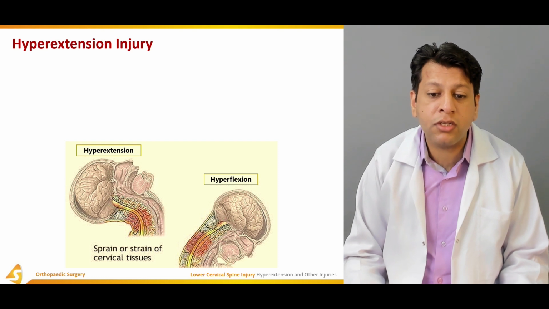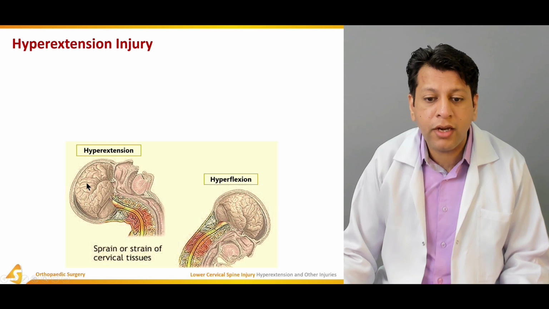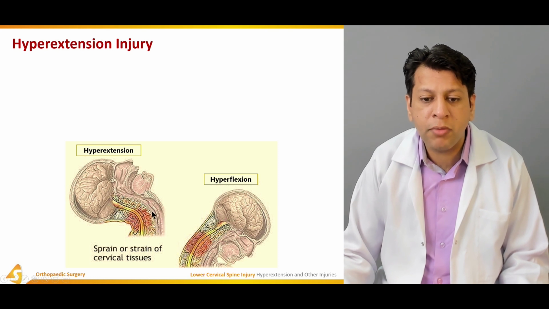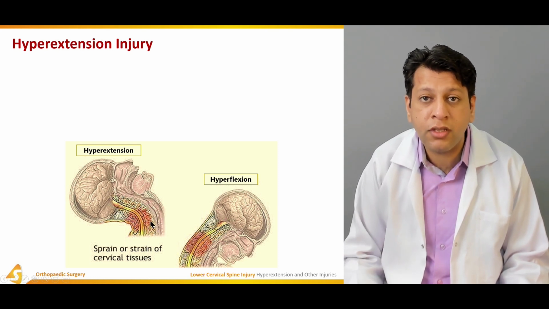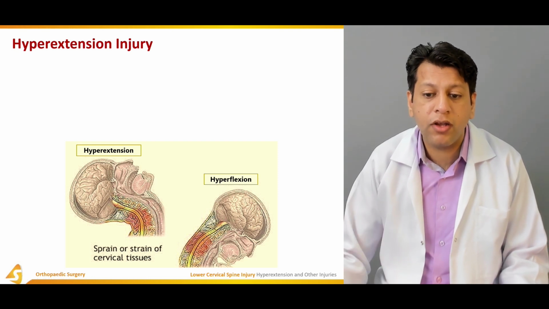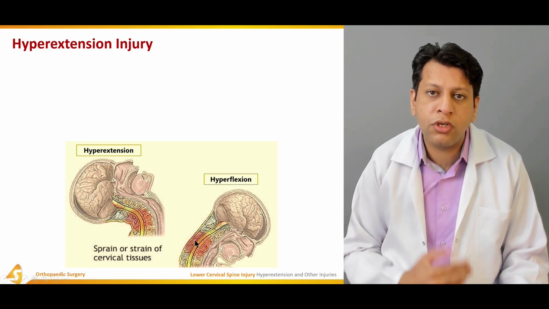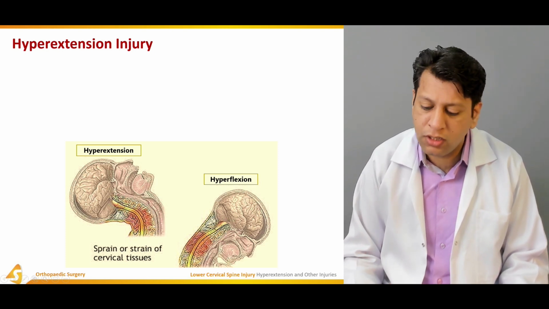Initially there is a hyperextension leading to the disruption of the anterior longitudinal ligament and may be associated with the disruption of anterior stabilizing structures with hyperflexion. Once the hyperflexion occurs, there is an associated posterior ligamentous complex injury as well.